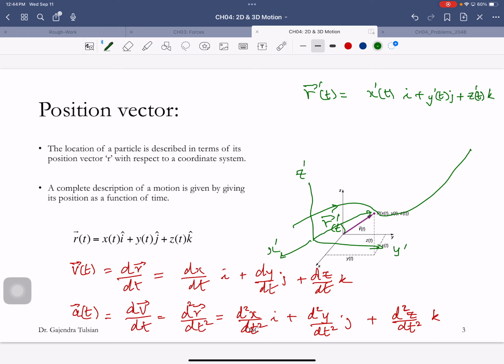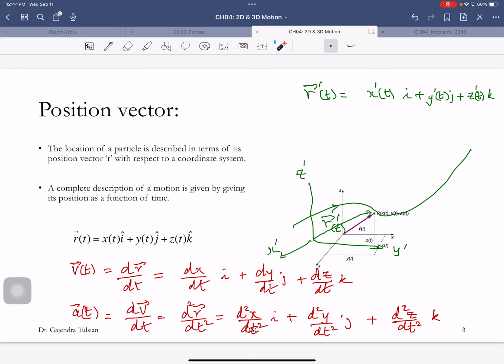Here's a description of the motion. If you want the velocity at any time, you just take the time derivative of this vector. So here's the x component of the velocity, the y component, and the z component of the velocity.